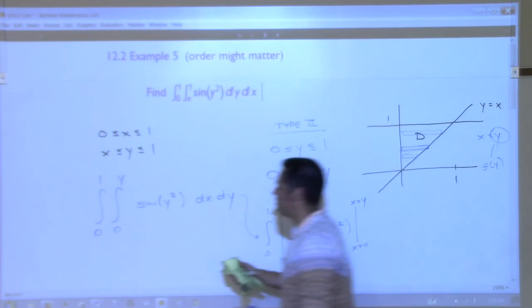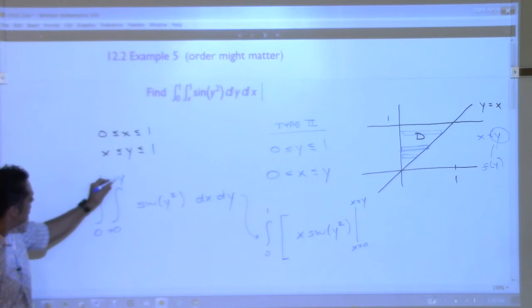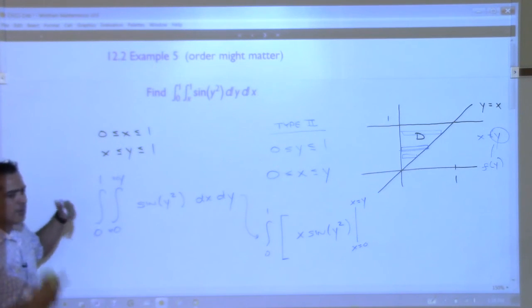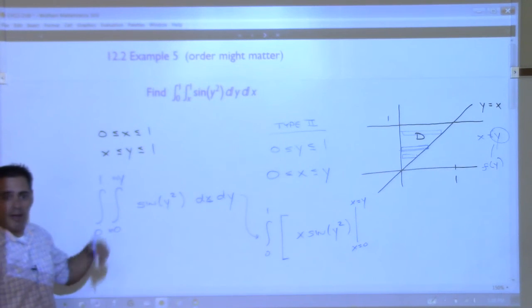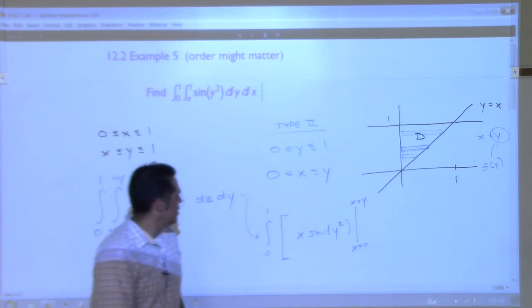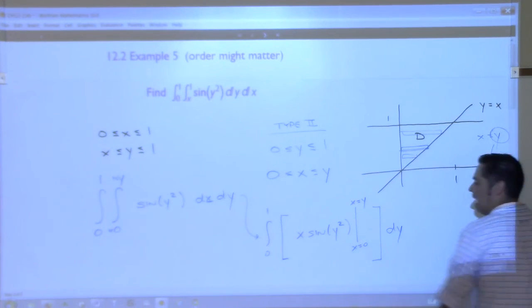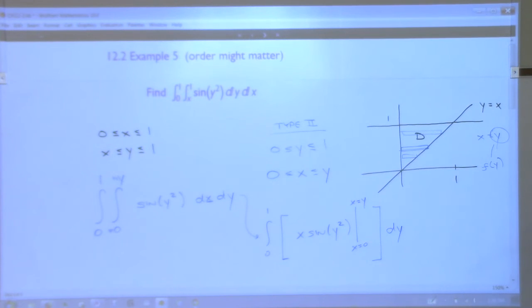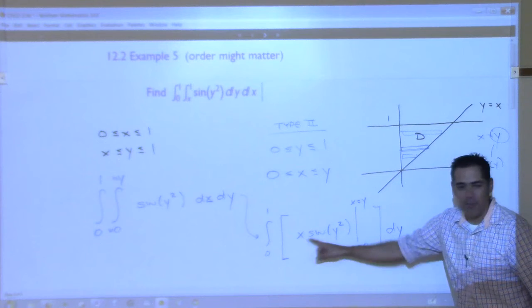x equals 0 to x equals y. So that's why sometimes I say it might be worth it for you to put like x equals here and x equals here. The reason I know it's x is because I'm integrating with respect to x first, and that's why I'm going to be replacing my x's with these. And then after I'm done with that, I will integrate with respect to y. So let's go in here and replace first x with y, and that will be nice.